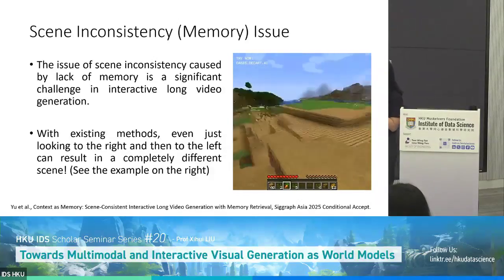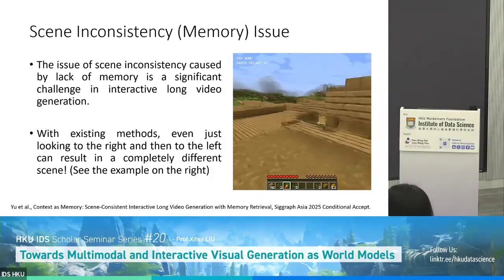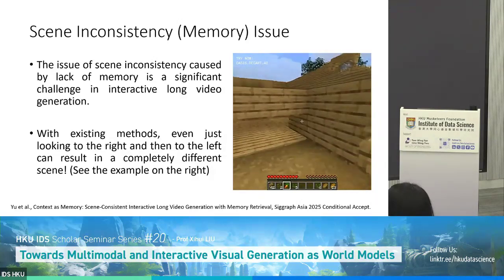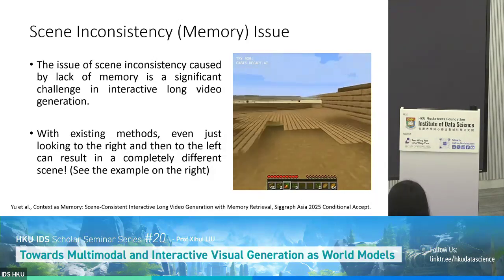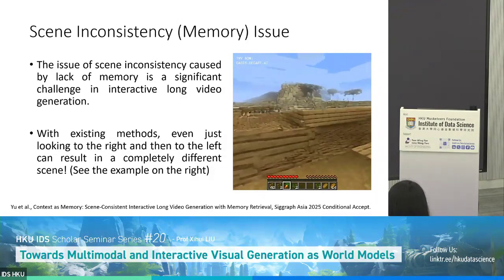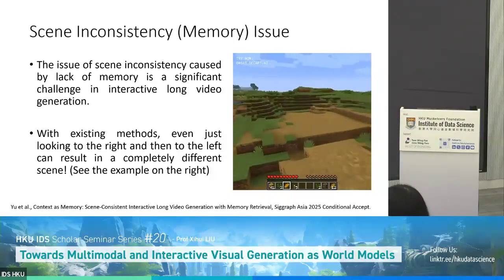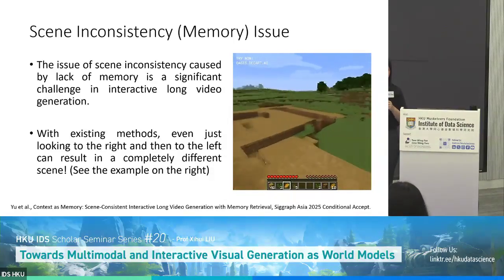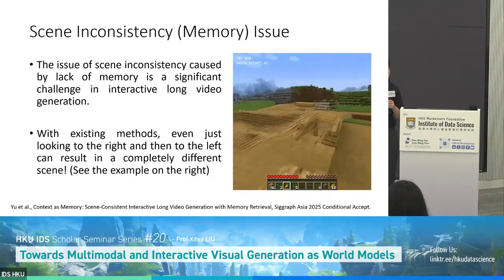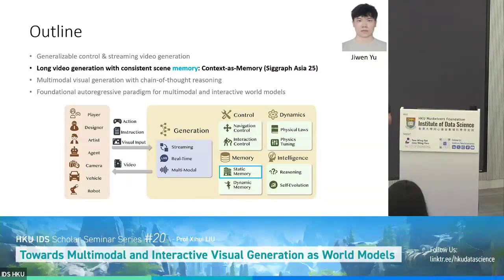Like in this demo, when we move right and then move to the left, in principle, it should be able to generate the original scene that it has generated in the previous frames. But actually, this model just generates a new scene, a randomly new scene. So this inspires us that a memory mechanism is lacking in current video generation models.